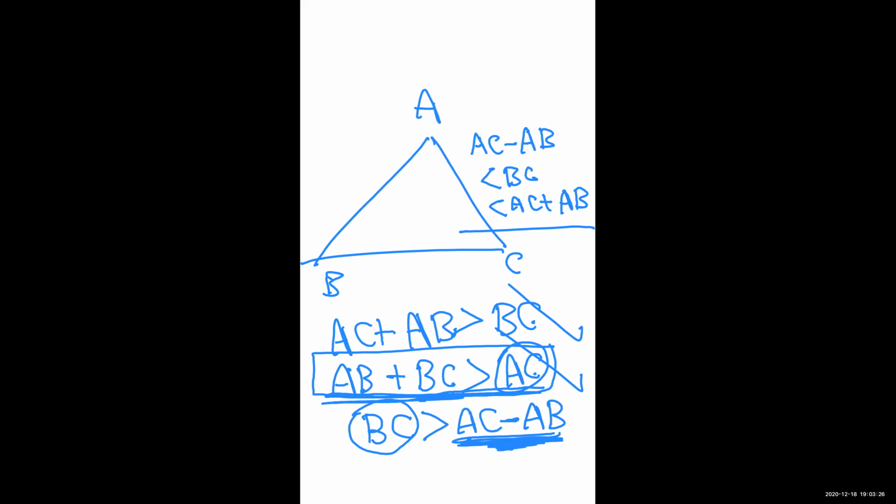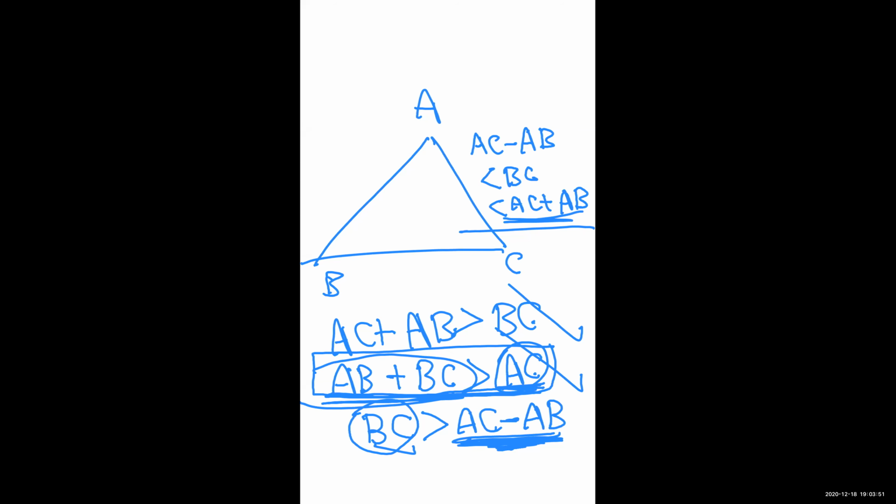So simply, guys, I can deduce from that AC minus AB will be less than BC. I just changed the symbol. BC is greater than AC minus AB, so this means AC minus AB is less than BC. And also AC is less than AB plus BC.